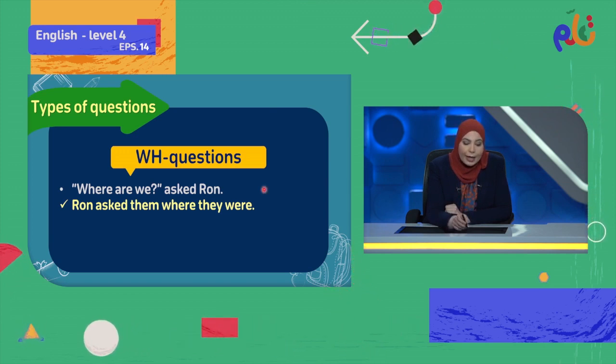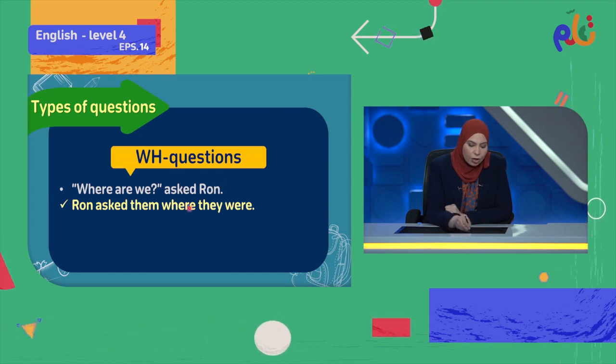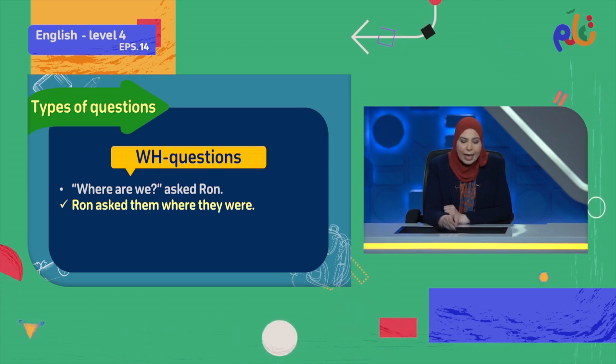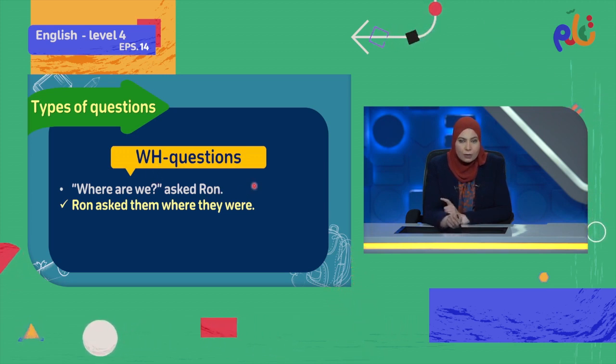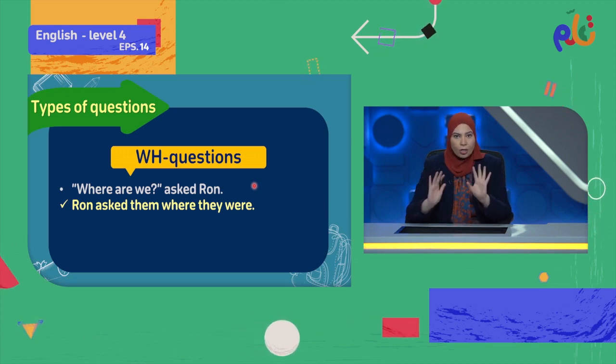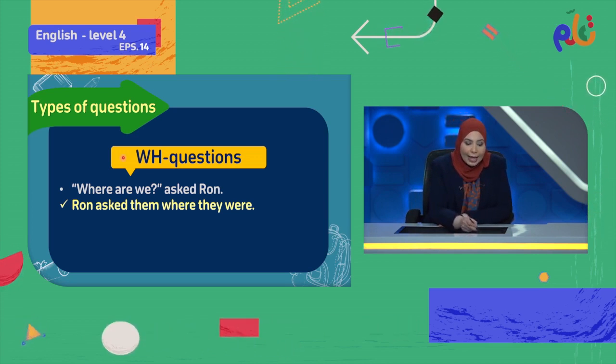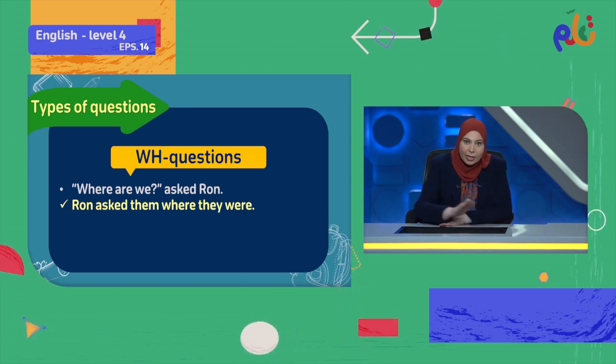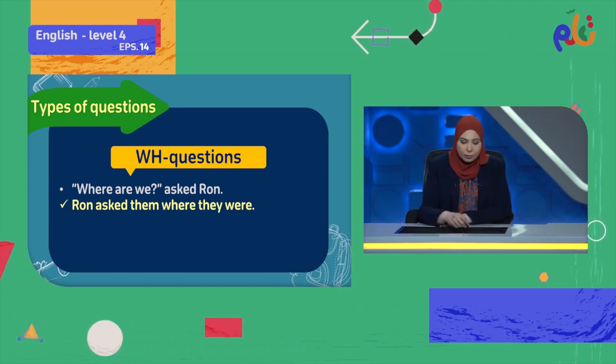Number 4, the order of the question is different. Are we: verb, subject. They were: subject, verb. So the order is different. And then we have the tense, which is different. See how many things we have changed?